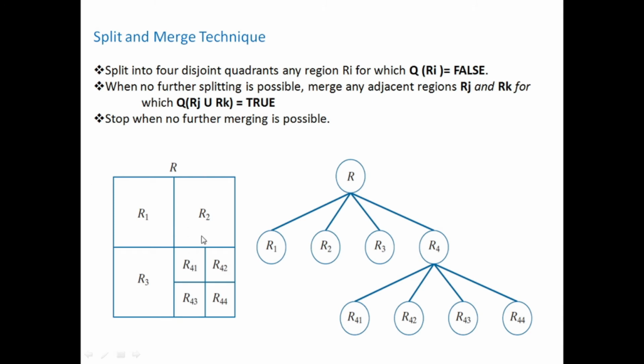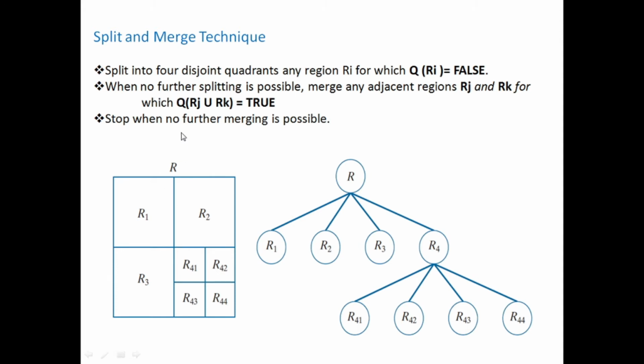Let me call this entire image a unique region R. If this R is non-homogeneous, that means the condition is false. The predicate Q of Ri is false, where Q stands for the condition, that means it is not homogeneous.